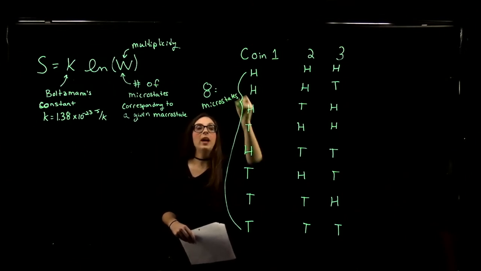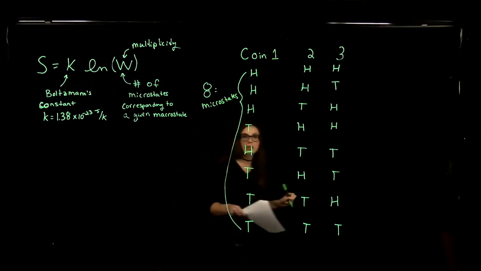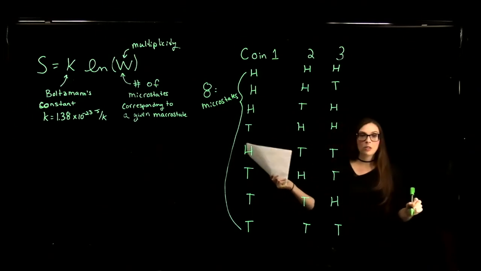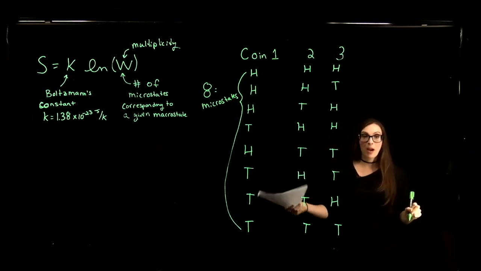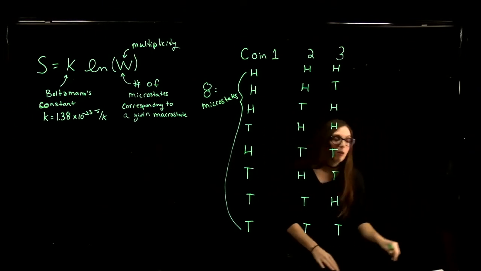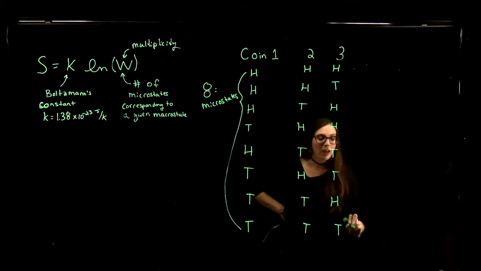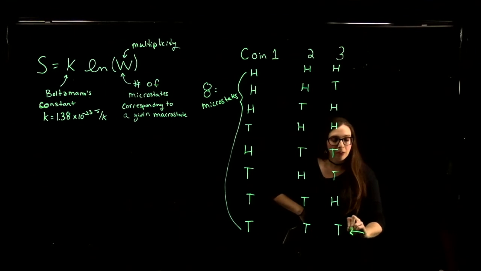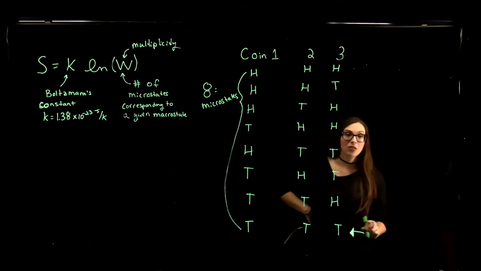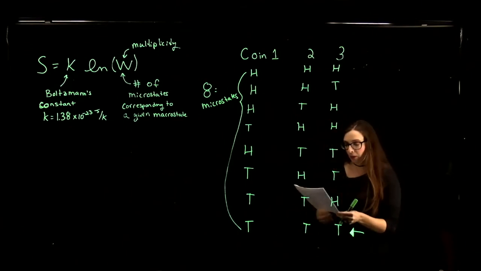That's how many ways we can make these combinations of either heads or tails with our 3 coins. Okay, that's a microstate. So what about our macrostates? Well, let's see. We have 1 macrostate down here. We only have 1 way that we could get all tails. So that is 1 macrostate.